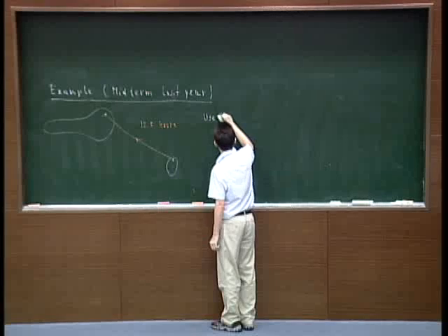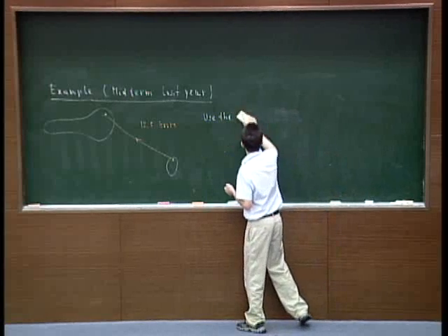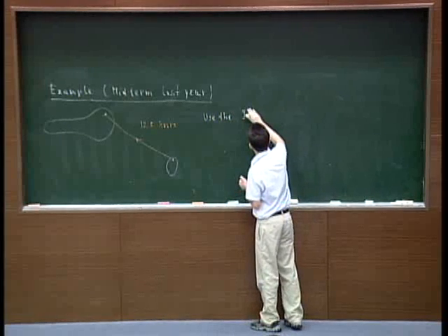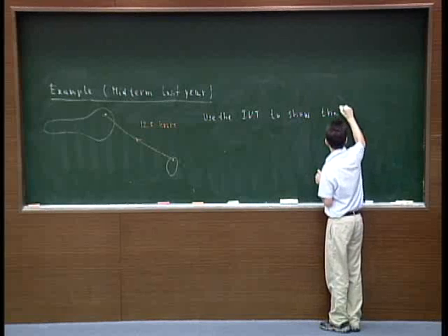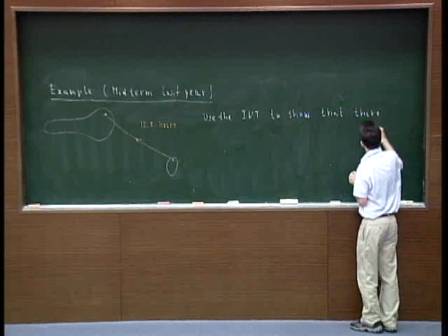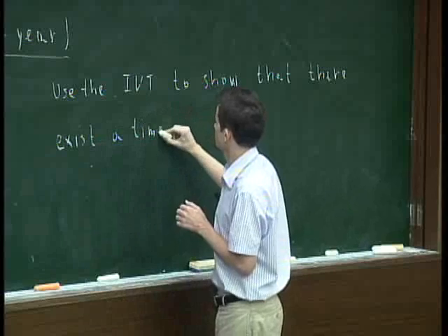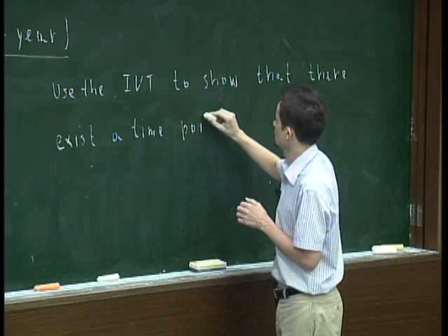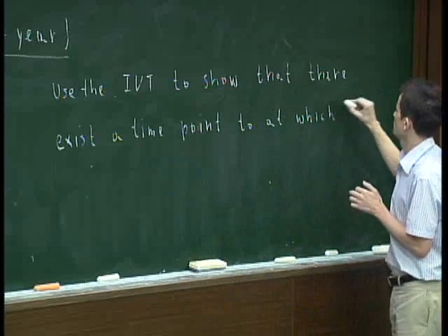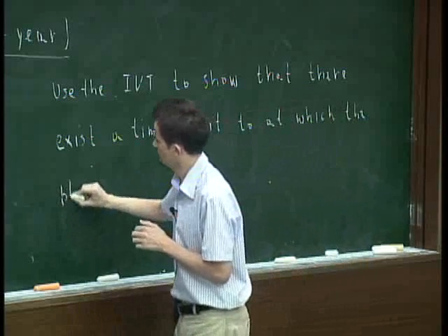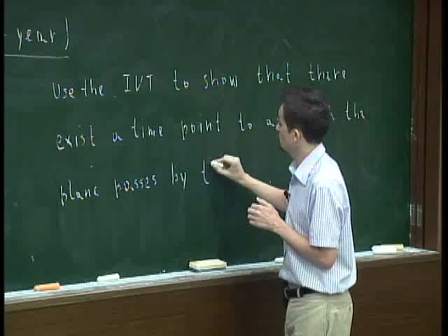Use the intermediate value theorem to show that there exists a time point, let's say t0, at which the plane passes by the same point.